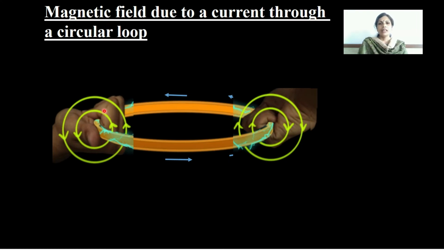Alright. Like this, if I hold the circular loop at any place other than these 2 points, every time I will observe that the magnetic field lines are coming from inside the circular loop and then coming out, and that is the direction of the magnetic field. Look over here.